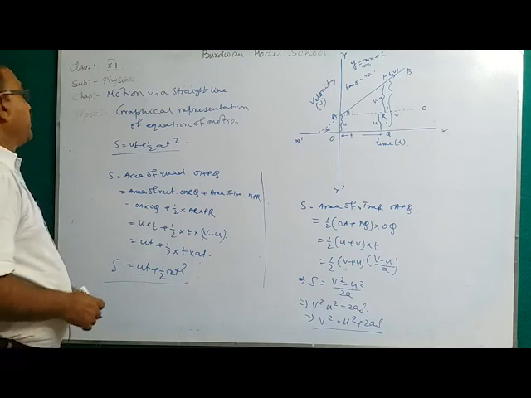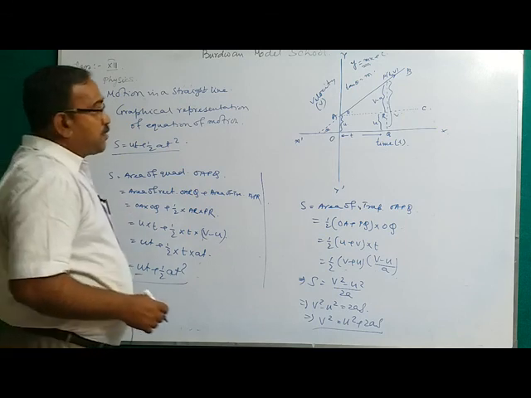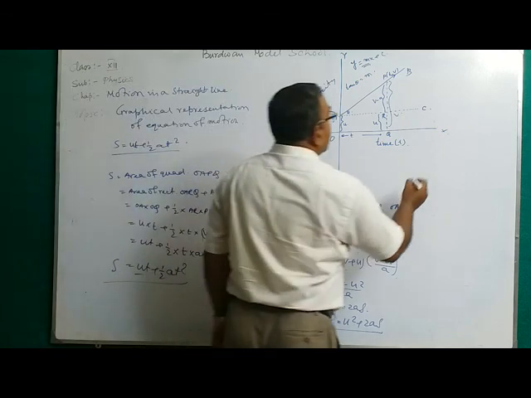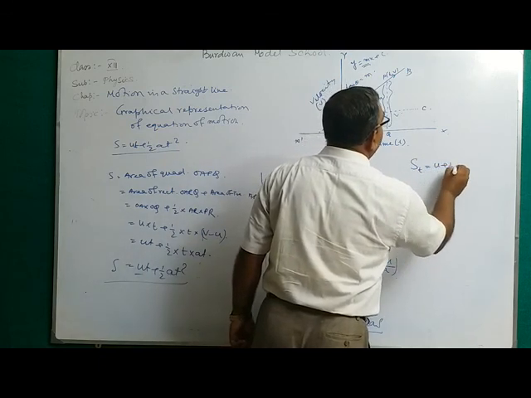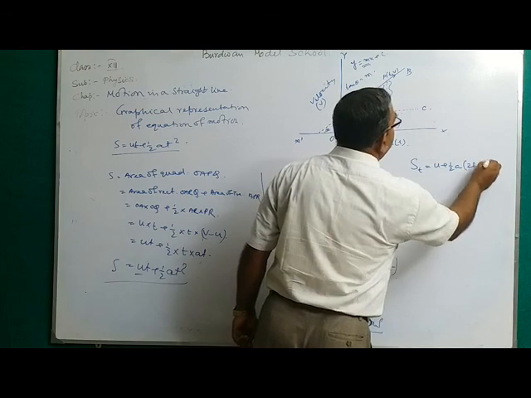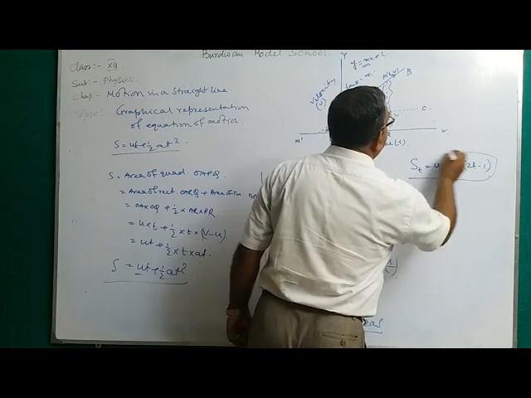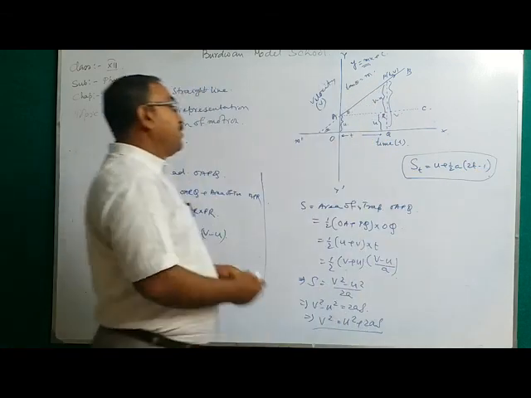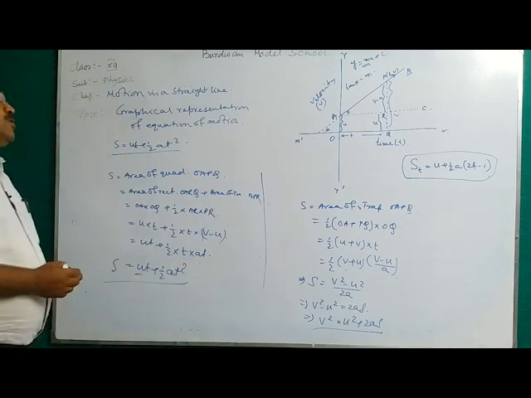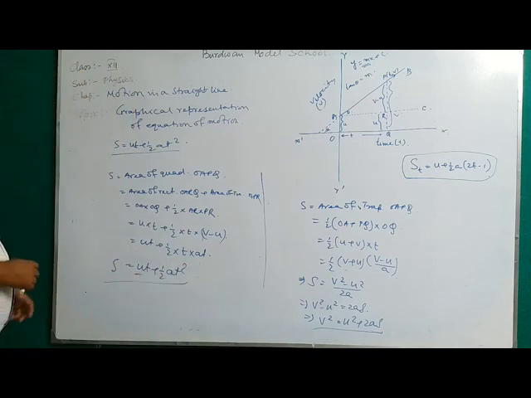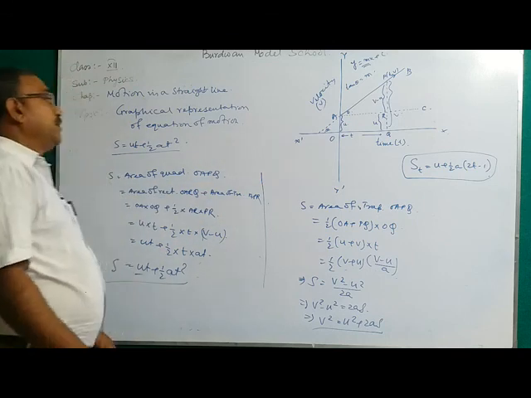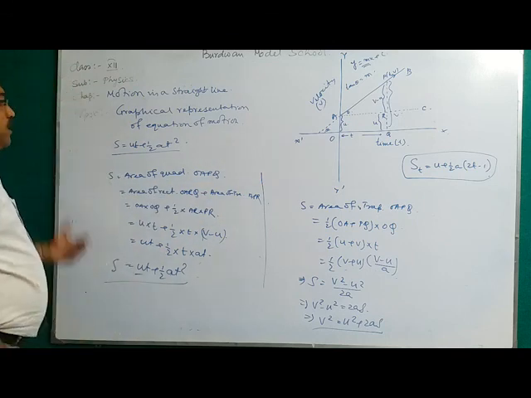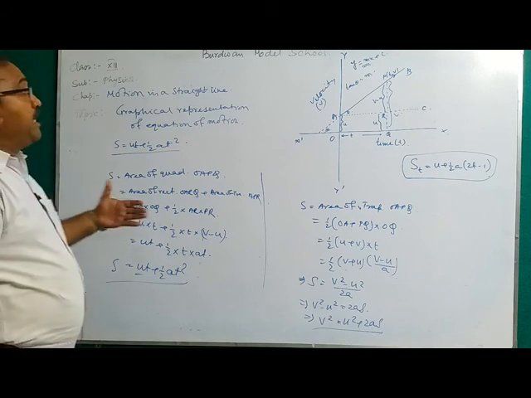Again, repeat it. So the last formula, s_t equal to u plus half a into (2t minus 1). This is not in your previous class. This formula tomorrow I will derive with the help of the graphical method, as well as the analytical method.